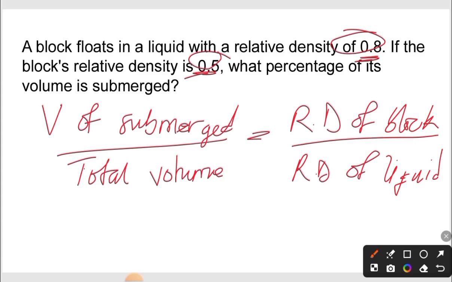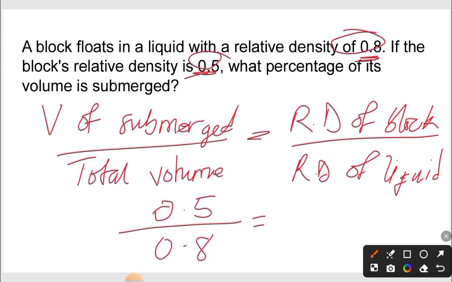Now, the block has a relative density of 0.5 over the relative density of the liquid, which is 0.8. So you realize that with relative density, you are always dealing with the ratio of the substance to the liquid. Over here it is in water.